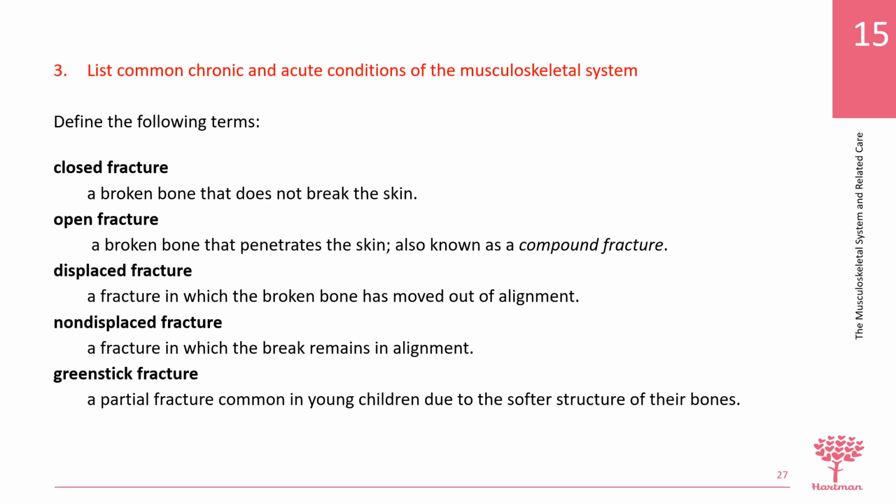You have an open fracture, which is a broken bone that penetrates the skin, also known as a compound fracture. You also have a displaced fracture, which is a fracture in which the broken bone has moved out of alignment. You can kind of see, top right on page 223, the displaced closed fracture.